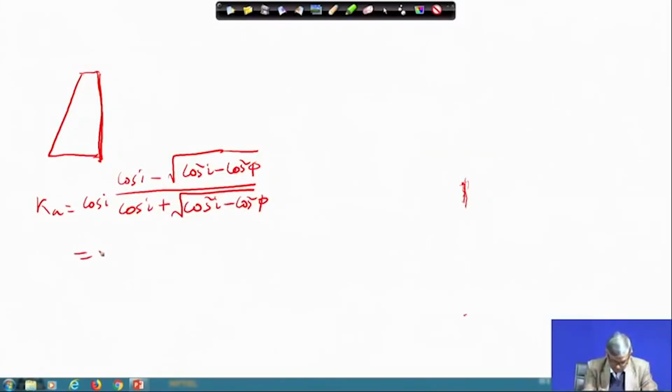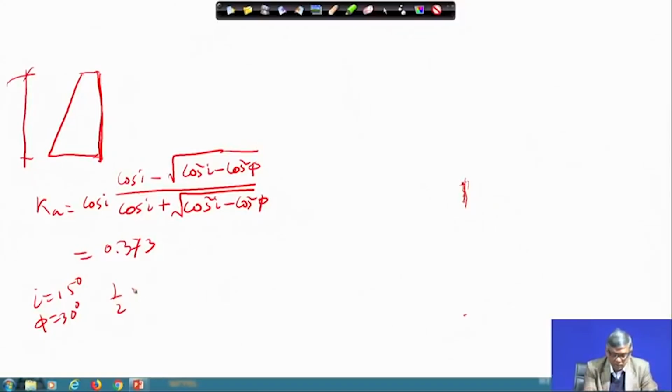If you find out this value, here i equal to 15 degrees and phi equal to 30 degrees, you get a value 0.373. Then your active earth pressure here will be, this wall height was 9.1 meter.